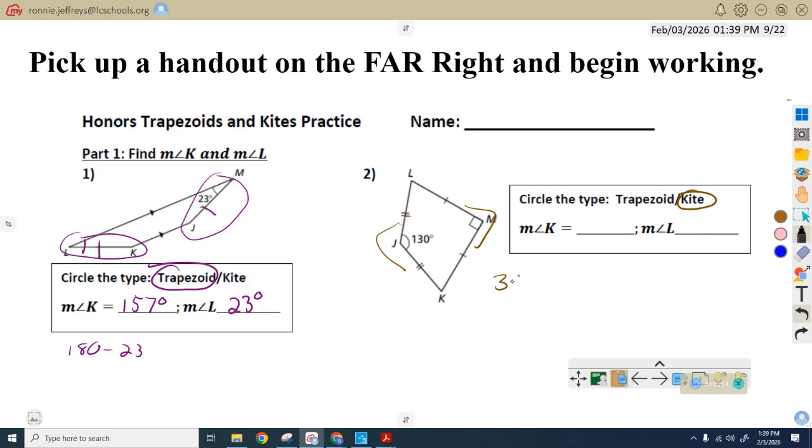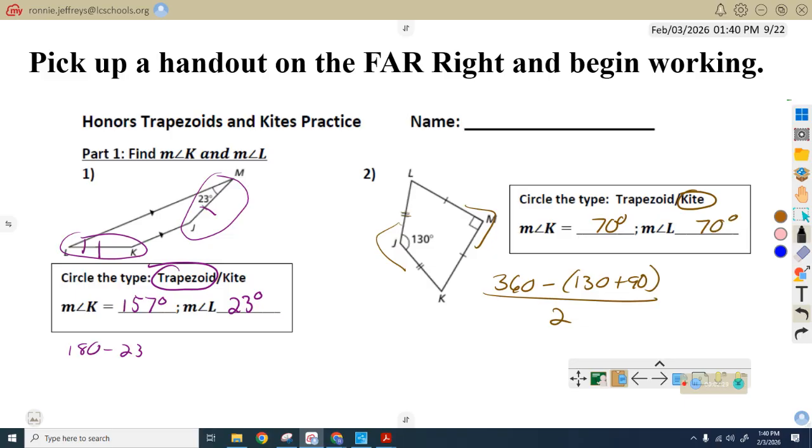But if we add these up, divide them all by 2, we should get it. Because remember, the inside adds up to 360. So 360 minus parenthesis 130 plus 90, divide by 2, is 70 degrees. Wow, a lot of y'all are writing this down for the first time.